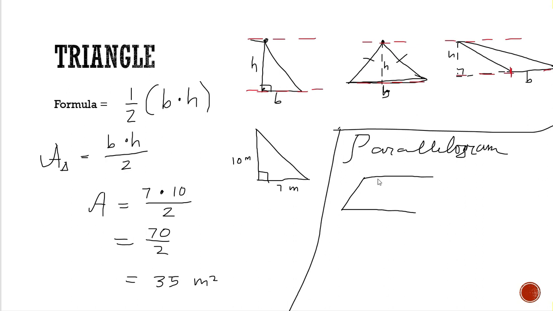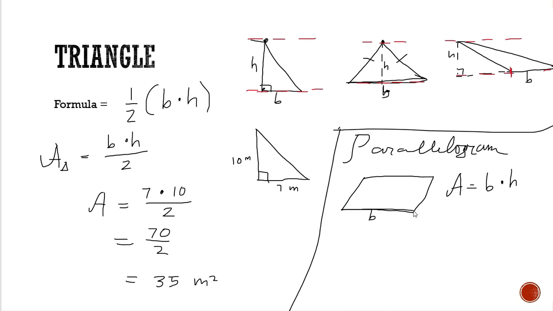So two opposite sides are parallel. The formula for the area of a parallelogram is base times height.